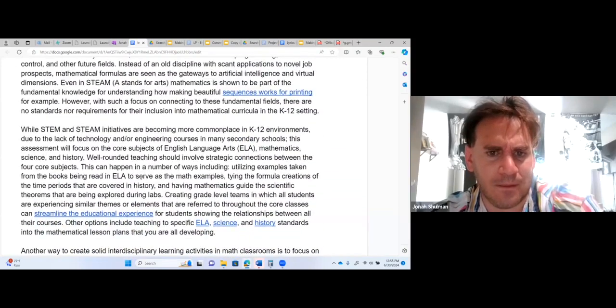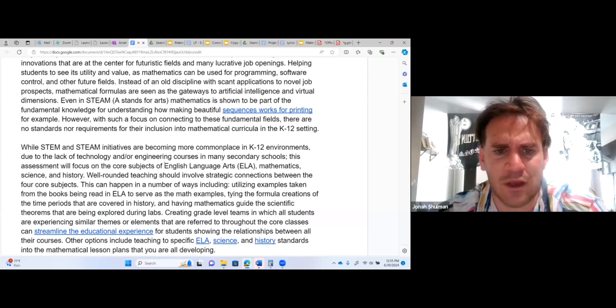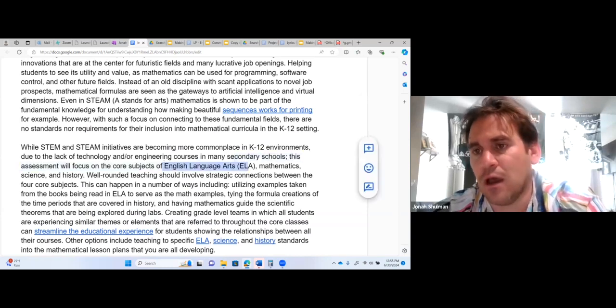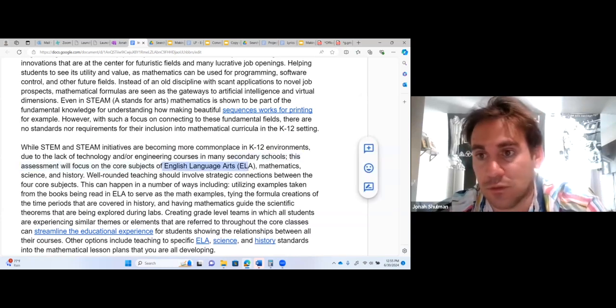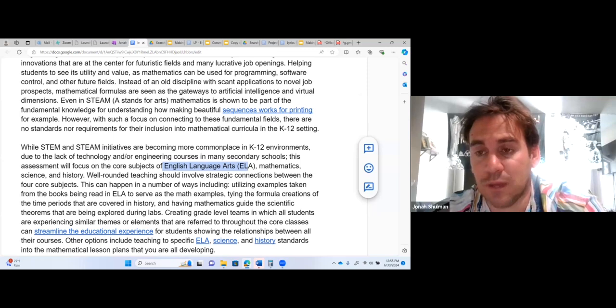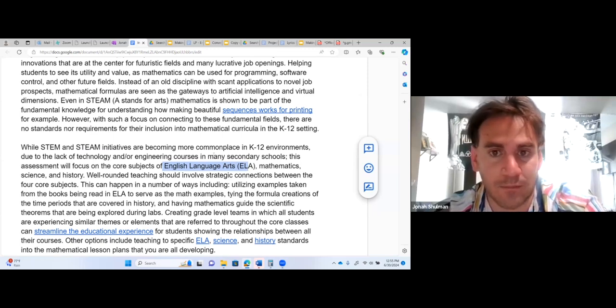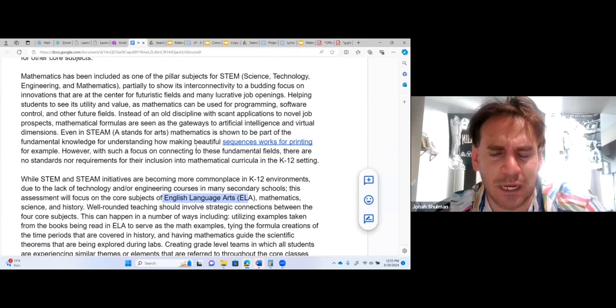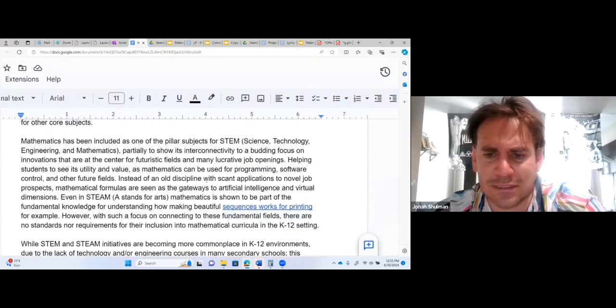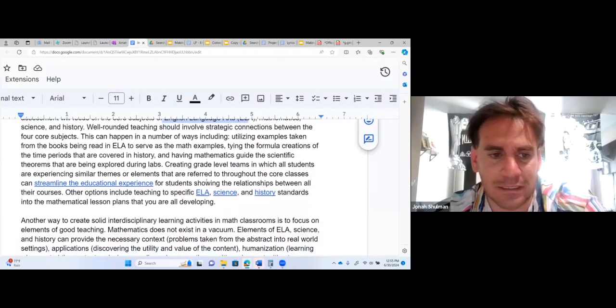This is how we can help with the English language arts. I do vocabulary quizzes every week when I was teaching math, and my students found it super helpful. So you can combine this with arts, sciences, and really make these connections.